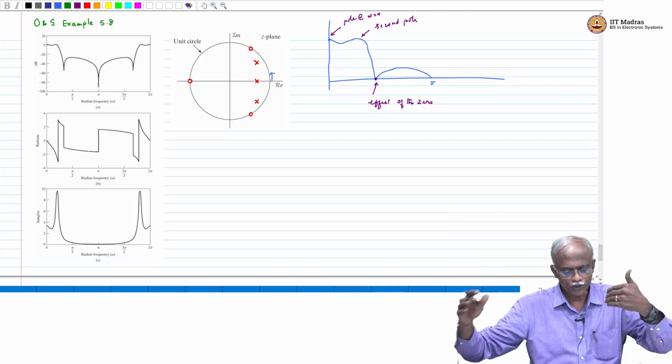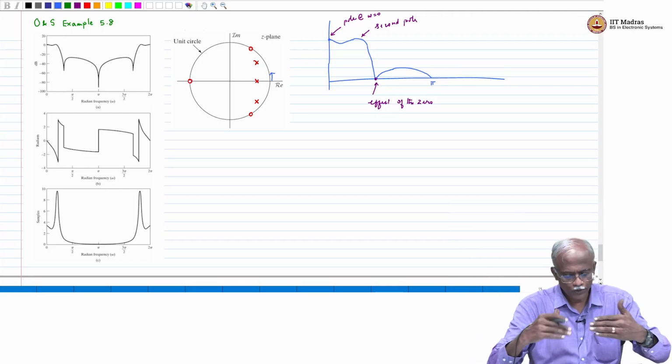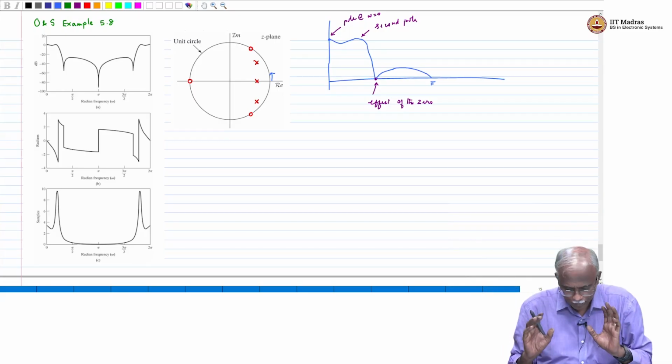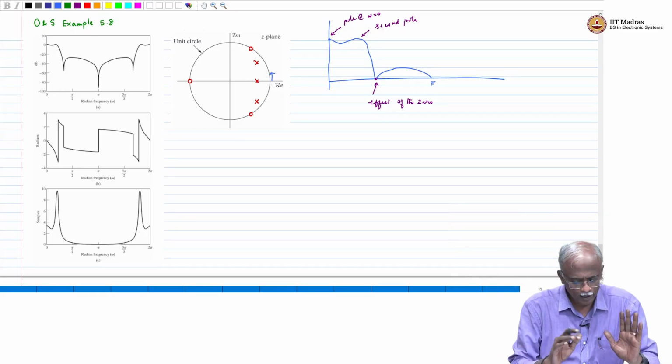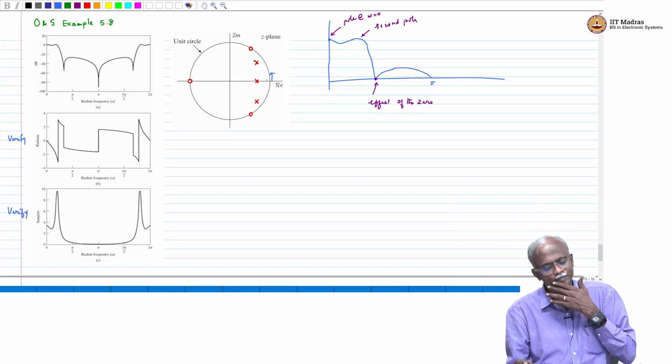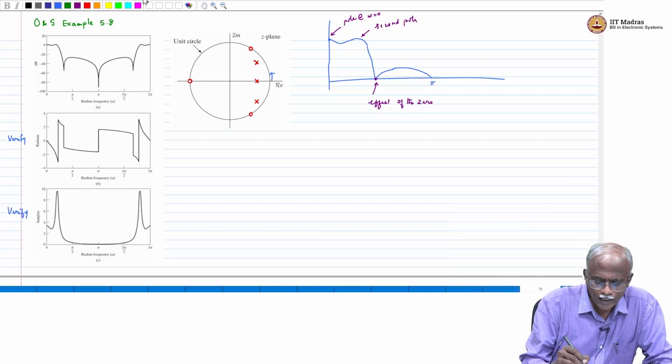And of course, once you have the magnitude response, you can also look at the behavior with respect to phase and group delay. These you can verify. You can look at the example given in the textbook. I want you to focus on the magnitude response here. Now, supposing I had introduced another 0 here.